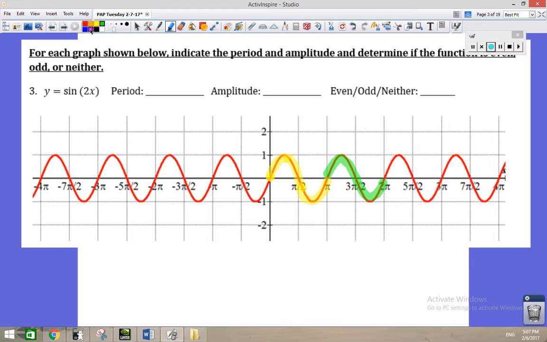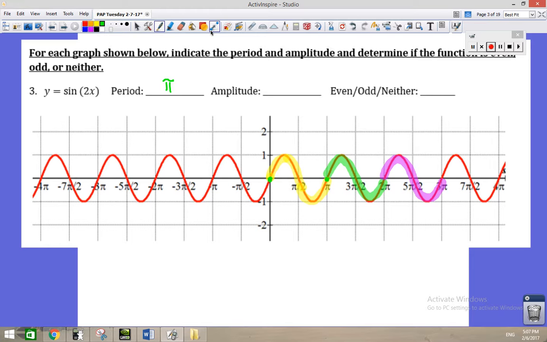And you can see that if I highlight this in different colors, that period is 1 pi. So the x-coordinate here is pi, and the x-coordinate here is 0, pi minus 0 is pi.